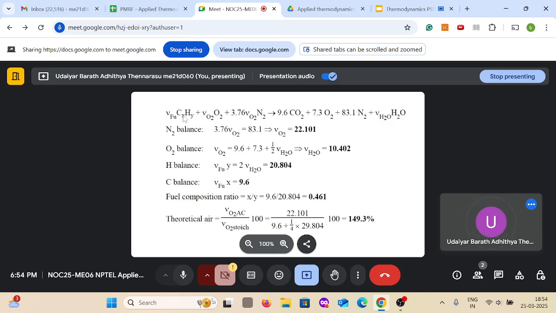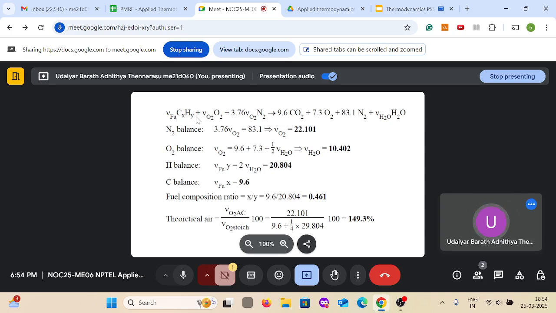So we'll assume that some moles of fuel is used, because we cannot assume 1 mole, since we don't know how much is combusting to form this product ratio which is given. So some moles of fuel, and fuel composition is not known.